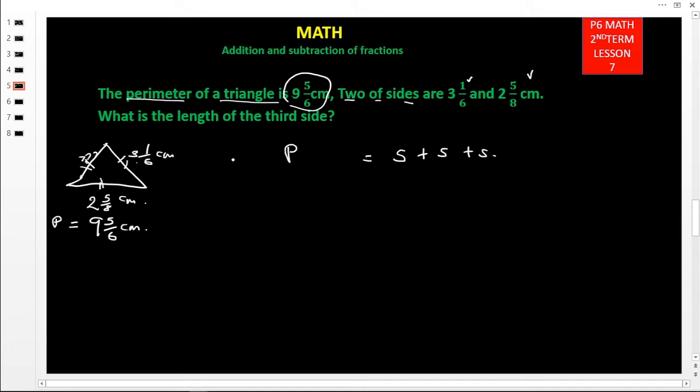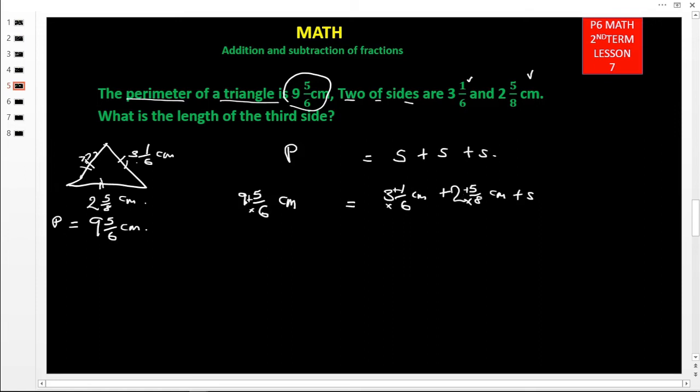Now this perimeter was obtained as 9 whole number 5 out of 6 centimeters, equivalent to one side which was 3 out of 6 centimeters, plus another side, let me write it clearly here, 2 whole number 5 out of 8 centimeters, plus another side which was not given here. Then what we are going to do first is to convert into improper fractions, times and plus.